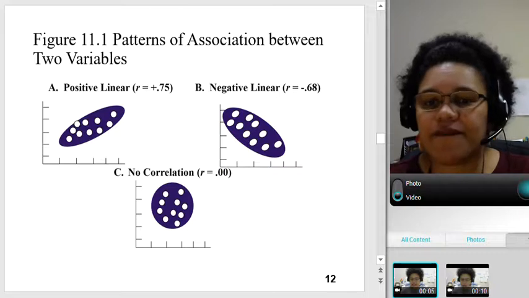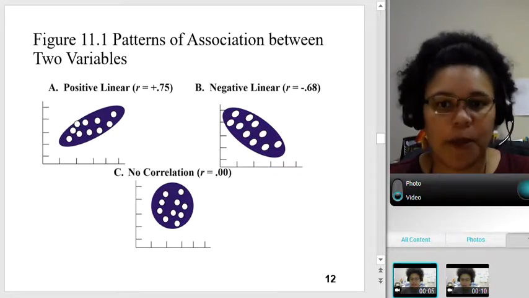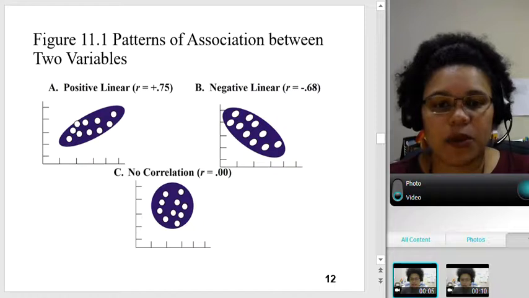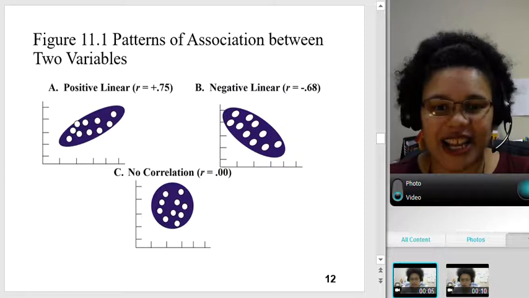So here's a visual representation of positive, negative, and no correlation. Let's say on the bottom, the x-axis, we have the number of calories that Dr. Campoli is habitually eating. Along the y-axis, we have Dr. Campoli's weight, right?